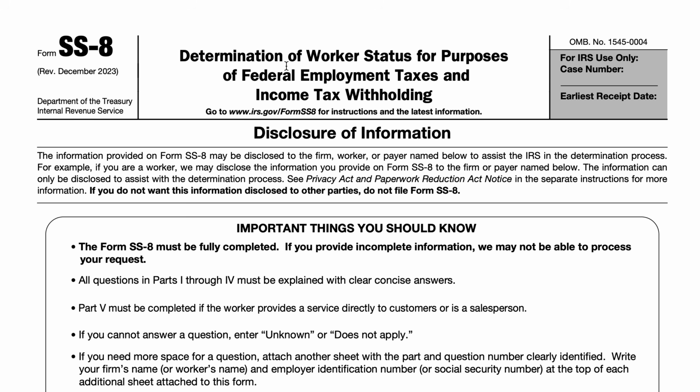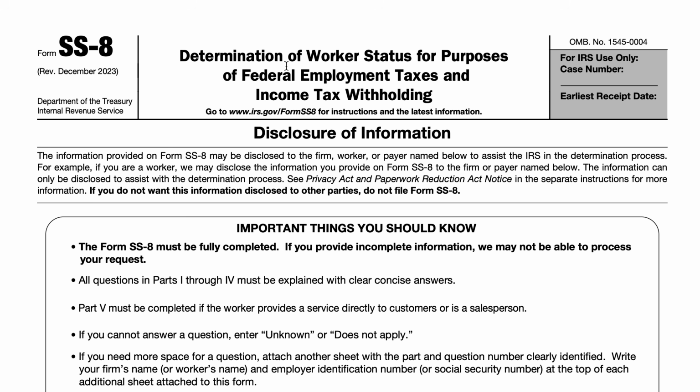So, if you are interested in understanding a little bit more, you should probably sit down and really think about your relationship with the company that you work for. If you feel like you've got lots of flexibility to work for other firms and your work is accepted on your time frame, you're probably going to be more likely to be considered an independent contractor.